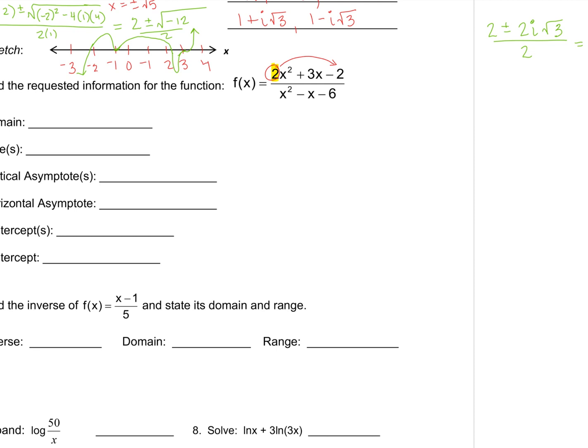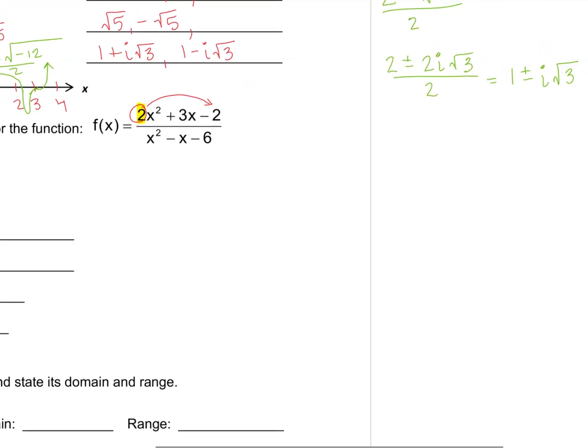I'm going to start at the top. So I'm going to have an x squared plus 3x, multiply first times last, and I get a -4. Well, what gives me -4 but adds to be 3? Well, that's x plus 4, x minus 1.